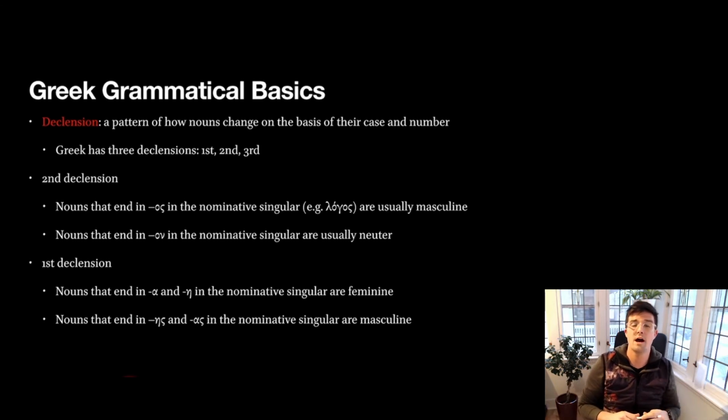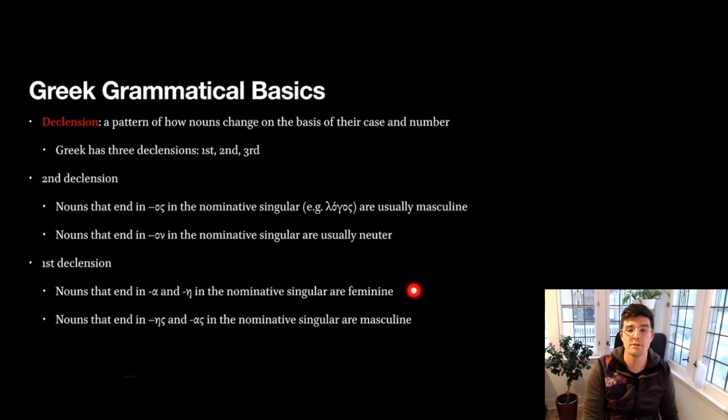So this is one of the other major groups of Greek nouns, and how they inflect for their different endings. Remember with the second declension, most nouns are either masculine or neuter in Greek. There are some exceptions; there are some feminine second declension nouns.